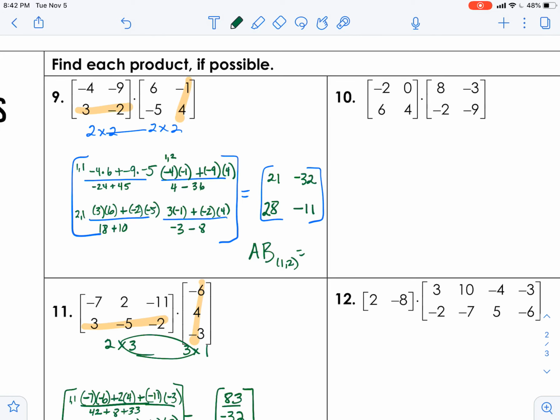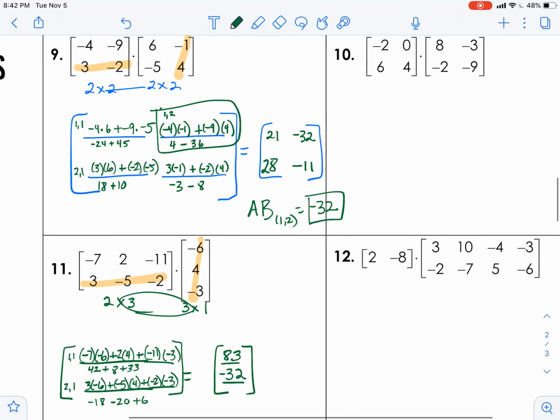So in other words, I only want the answer to row 1, column 2. So I would come up to row 1, column 2, my answer would be a -32. Okay, and you would have to show me how to do that. So what I'm really wanting is this work right here, and this answer. So I don't ask you to do the whole thing, but if I ask for any position, could you do that position?